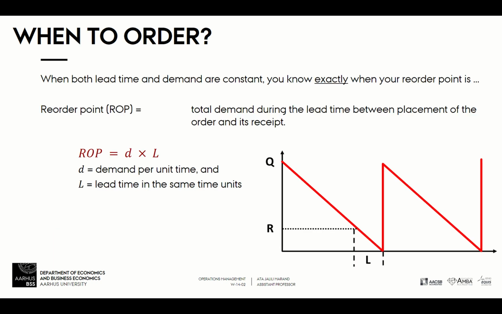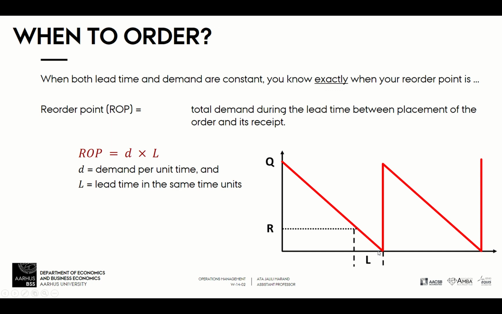And then the next question would be when to make an order. If the lead time is equal to 0, we will make an order whenever our inventory level reaches 0, so we will immediately receive the order.